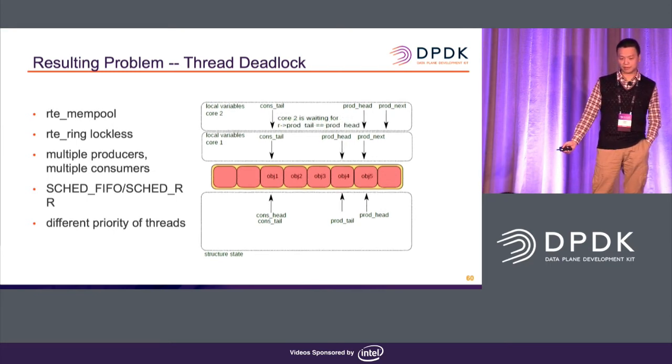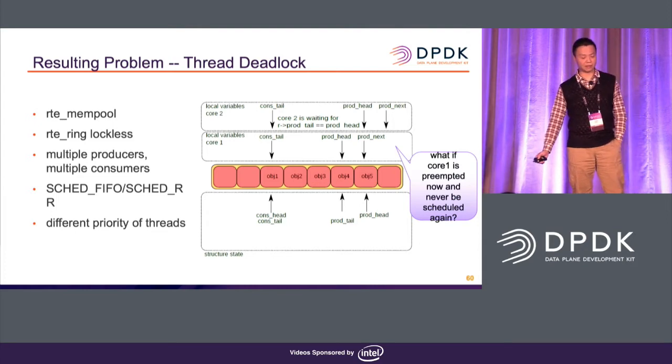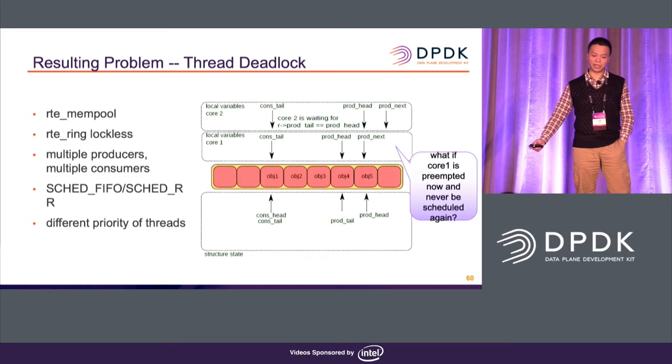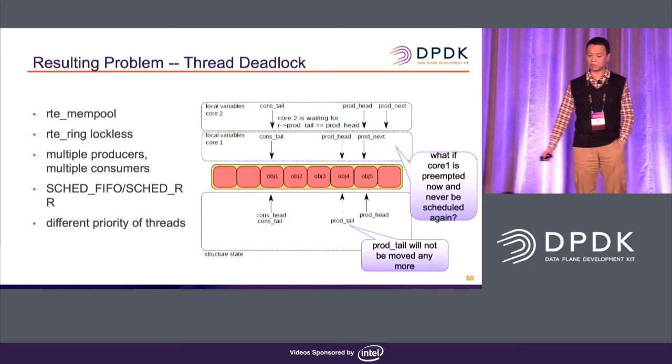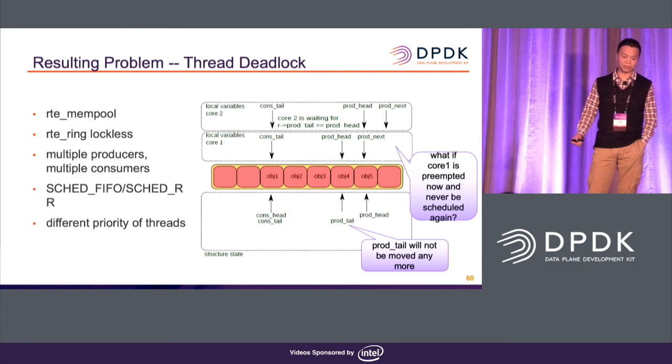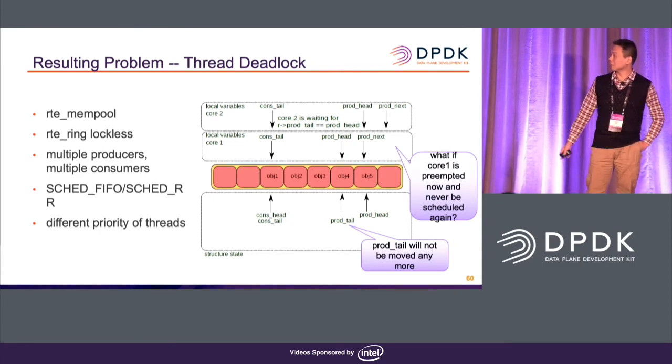But what if core 1 is preempted now and is never scheduled again? The prod head has been moved, and the prod tail will not be moved anymore. So this is why the thread deadlock happened.